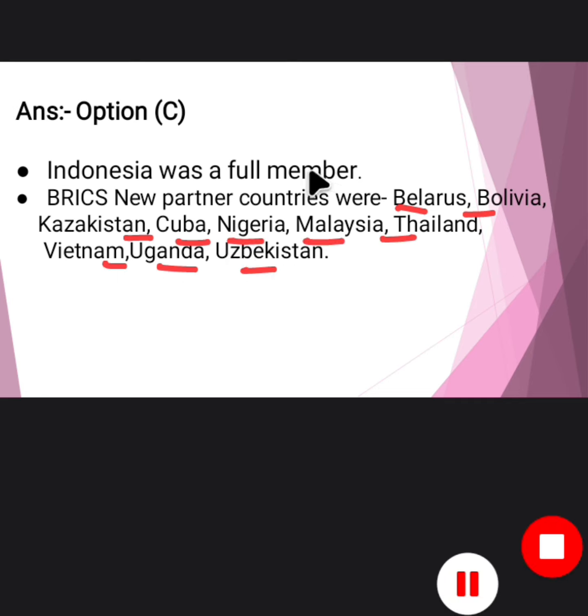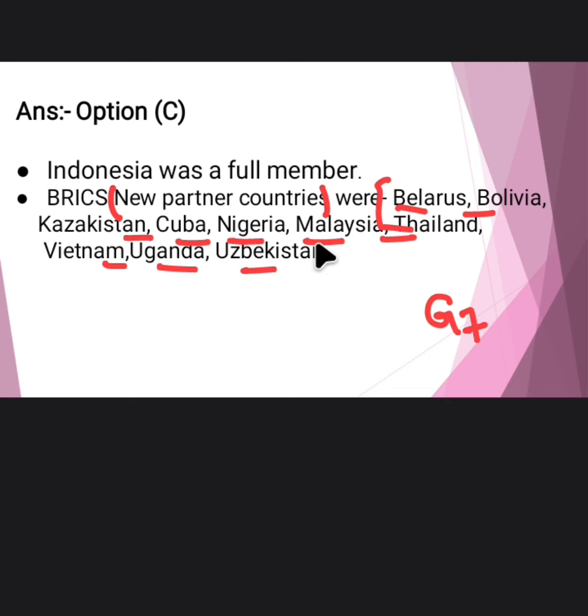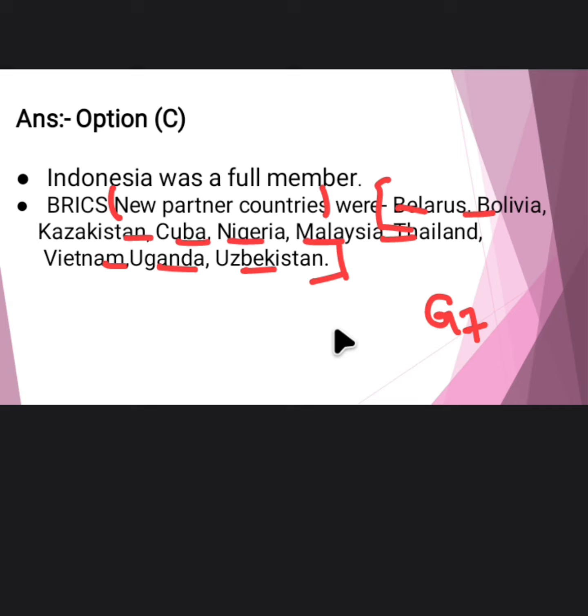So the question is related to new partner countries. It is similar to India being welcomed to the G7 nations. In the same way, these countries were also welcomed and participated in the 17th edition of the BRICS summit, which is happening in Brazil.